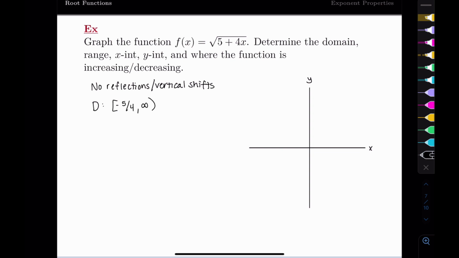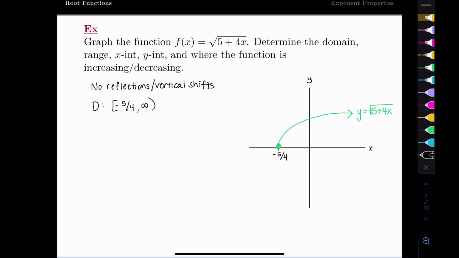Okay, so that means my starting x value here is negative 5/4. So there's no vertical shifts. We go ahead, we're going to start right here, and then I know it has that basic overall square root shape. So without a ton of work, I know this is what our graph is going to look like.